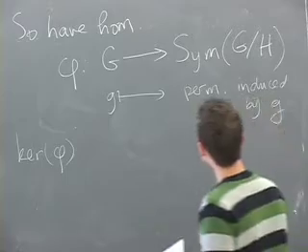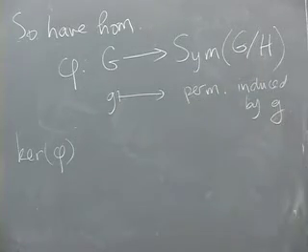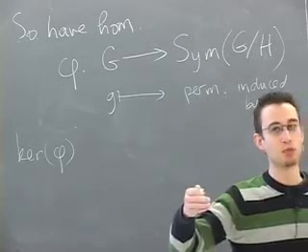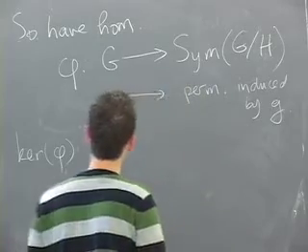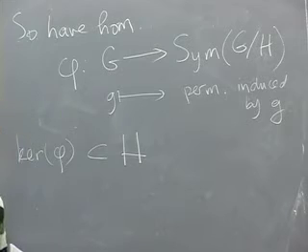We know that if something is going to act trivially on the coset space G mod H, then it had better be in H. That's just the definition of the action. Things are equivalent only if they differ by multiplication by an element of H. That's how cosets work. So the kernel must be contained in H just by general principles.